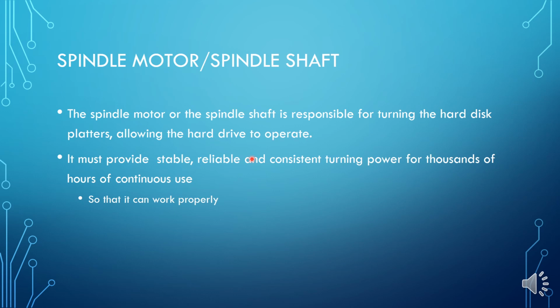In fact, many drive failures are actually failures with the spindle motor, not the data storage system. Spindle motor keeps the platters going for thousands of hours of continuous use so that it can work properly.